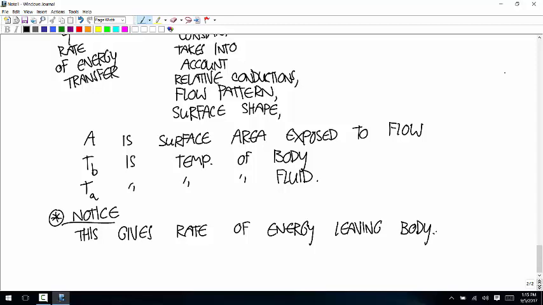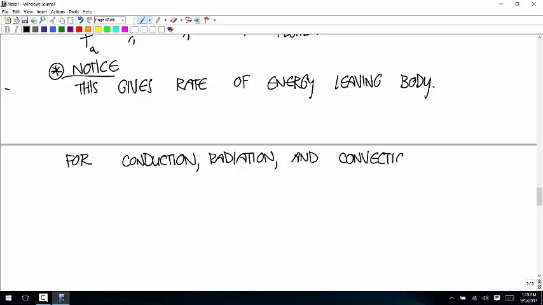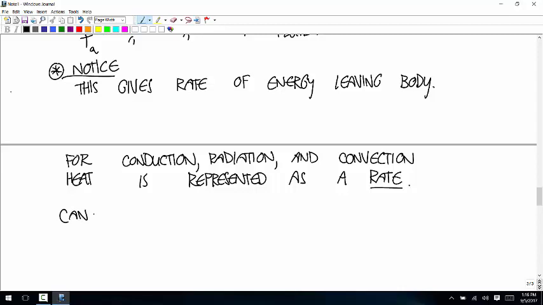One thing, so notice that all of these, for conduction, radiation, and convection, heat is represented as a rate. You can use this in the first law of thermodynamics.